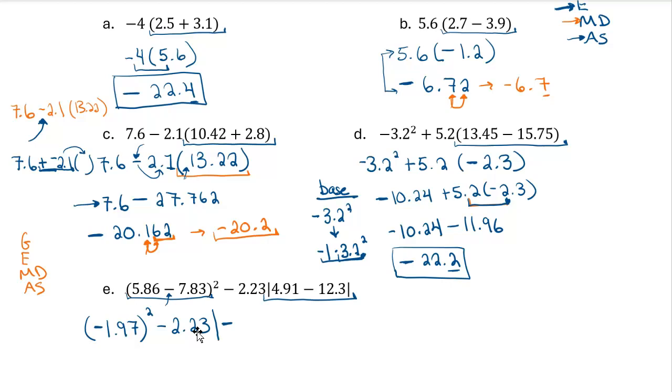But then we have to remember what happens with an absolute value. So absolute value is a little bit different than the parentheses because there are two things that you have to do for absolute value. So at this point, if I had parentheses instead of absolute value, I would be ready to move to the next step, but I'm not.